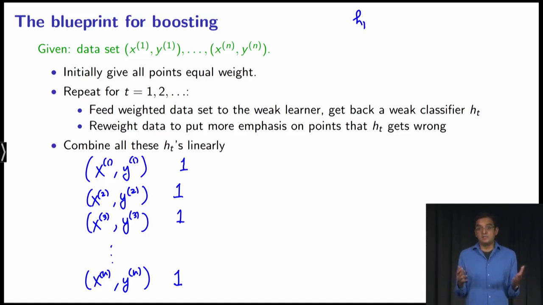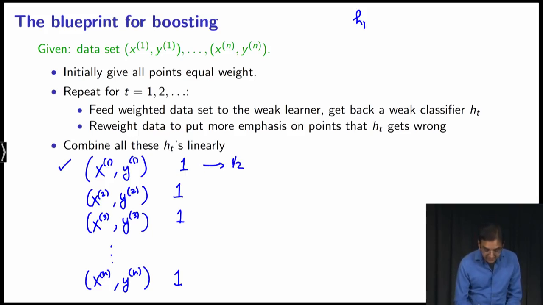If we're lucky, this will be a really good classifier, but actually the only guarantee we have is that it'll be better than random. Now we go through our data points, and we see what h1 did well on and what it did badly on. So we look at the first data point and we say, it did well on that. We can reduce the weight on that point. We're doing well on that point.